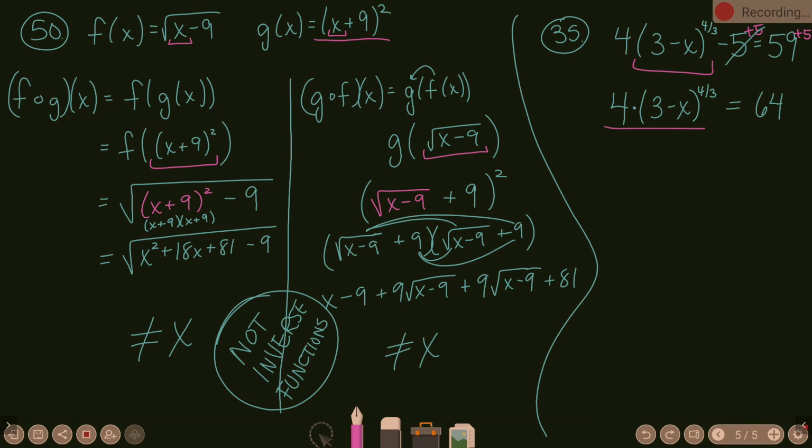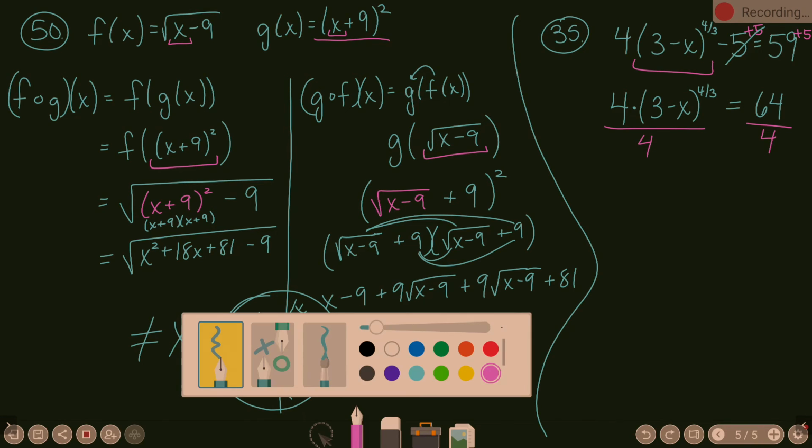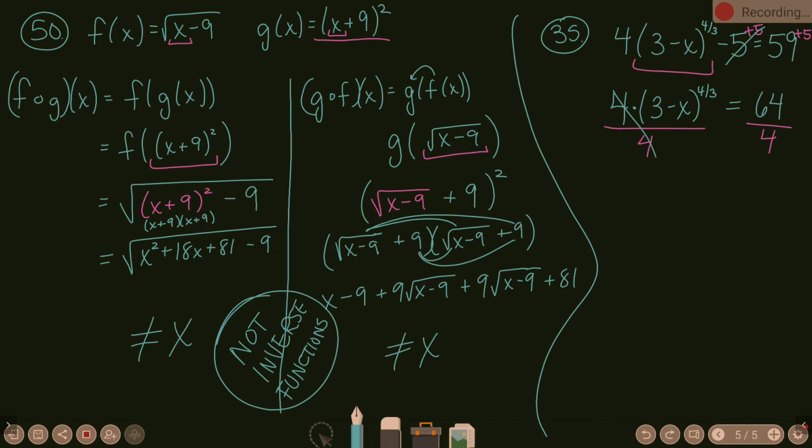Divide. If we divide the left by 4, we're dividing the right by 4. The 4's cancel. 3 minus x to the 4/3 is equal to 64 divided by 4, which is 16.